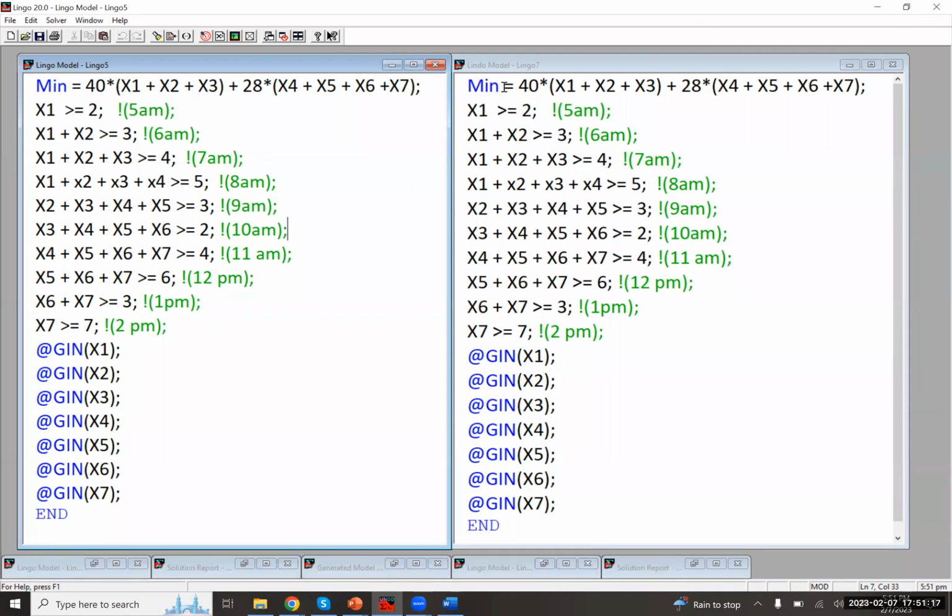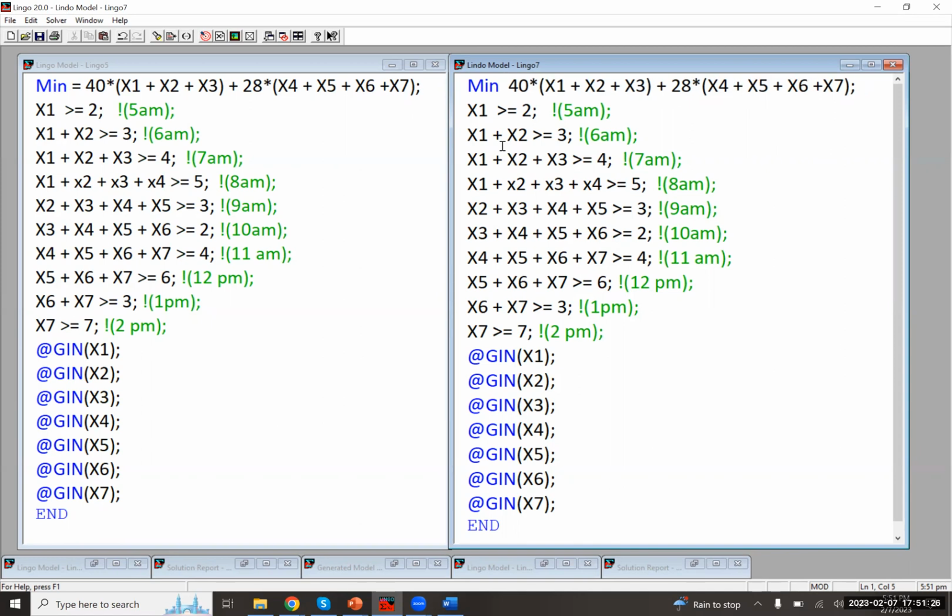So first thing, LINGO cannot recognize the equal sign in the objective function. So take this out. LINGO cannot recognize parentheses nor asterisk as the multiplication symbol. So you need to take this out.